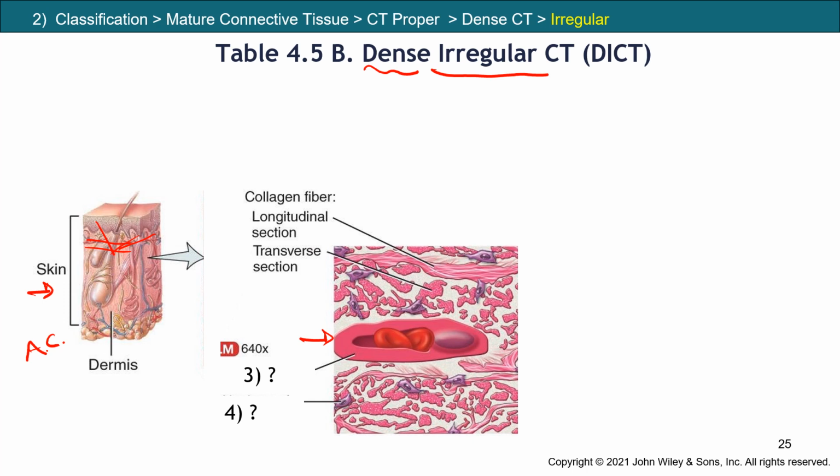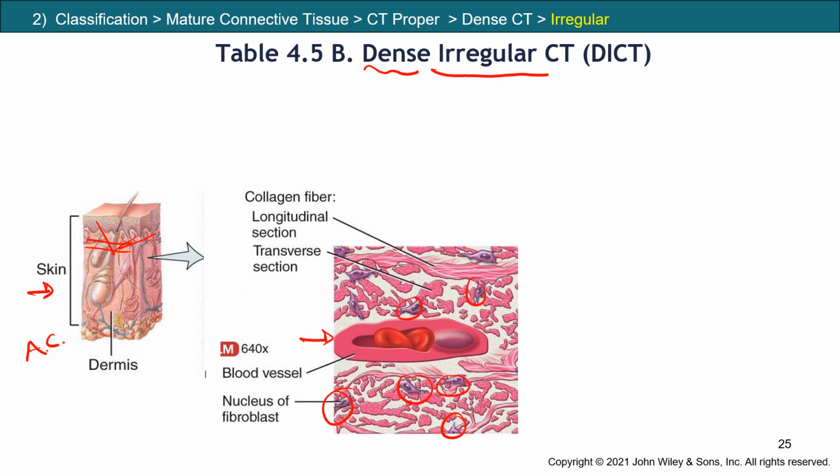That is very important because you have to receive nutrients, and also some of those nutrients will be very important to keep alive the epithelium above. And in addition to the blood vessels, you're going to have a lot of fibroblasts, because although they are disorganized, you still have a lot of collagen fibers.